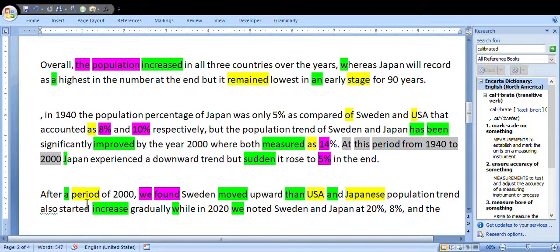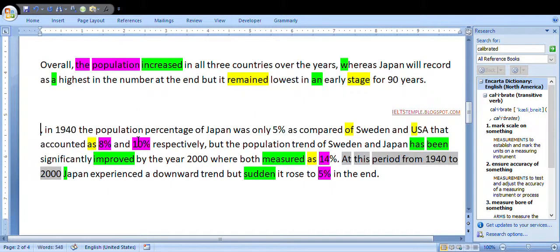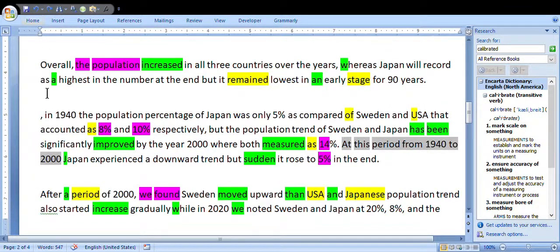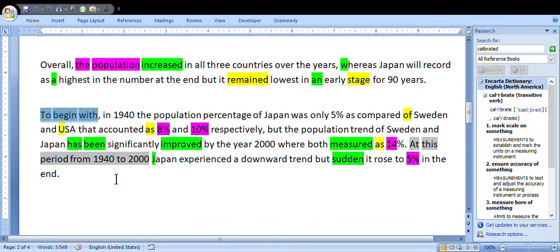Okay, now let's look at this paragraph. Whoops, what did I do? Okay, let's look at this paragraph on the whole. Wait, undo. There we go, undo. Undo again. Okay.